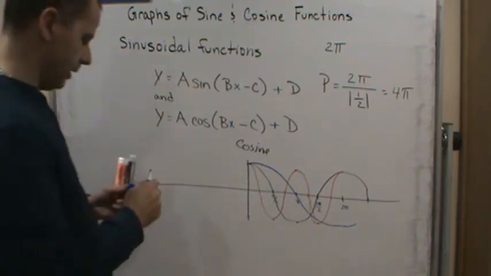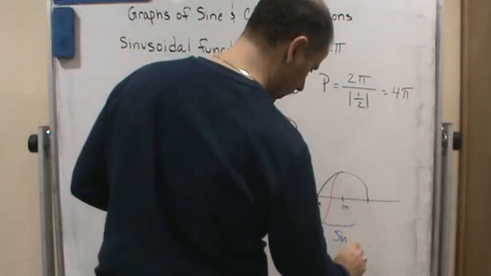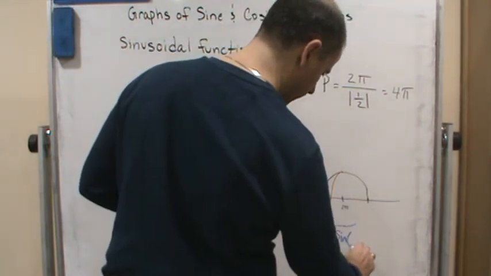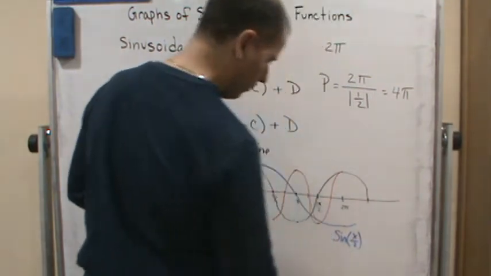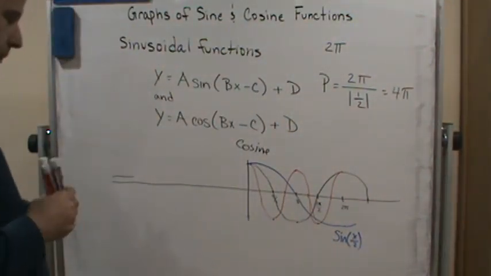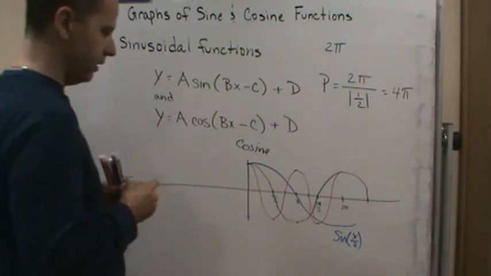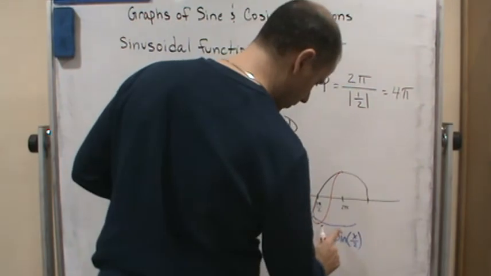And here's the sine, for example, sine of x over 2, where B is 1/2. And the red would be represented by, no, not sine, cosine.